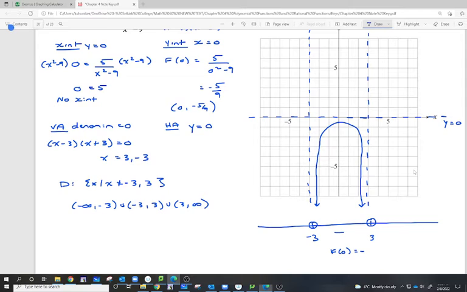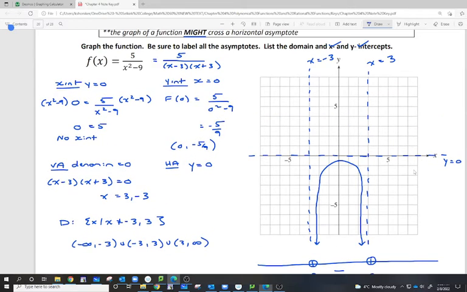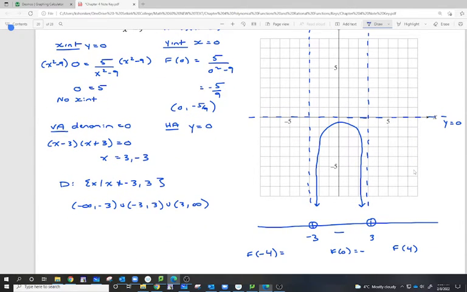Now I have to figure out what's going to happen to my graph at this interval. So let's pick a value like negative 4, and in this interval, let's pick a value like x is 4. I don't actually care what the value is. I care whether it's going to come out positive or negative. So if I go back up to my equation, it's 5 over, and it doesn't matter whether you plug it into the factored form or the non-factored form.